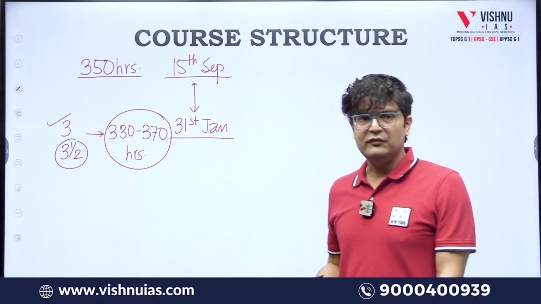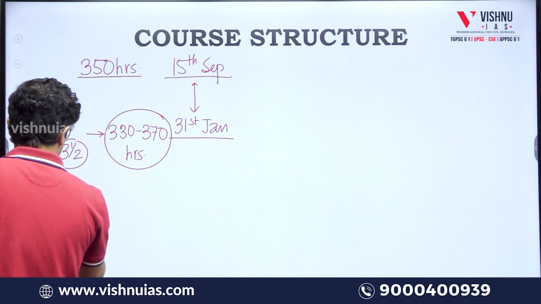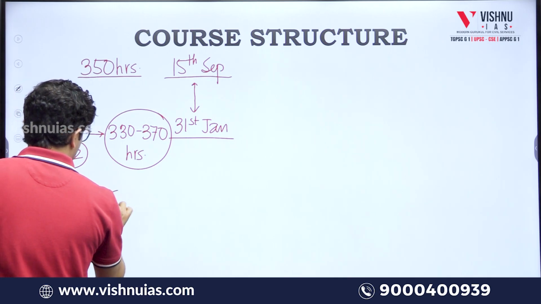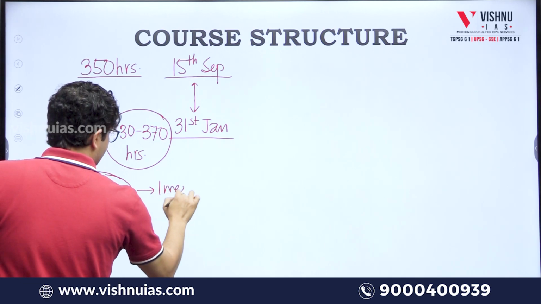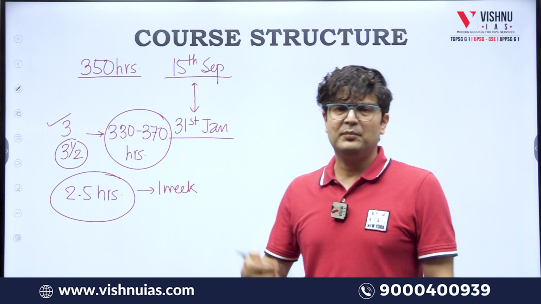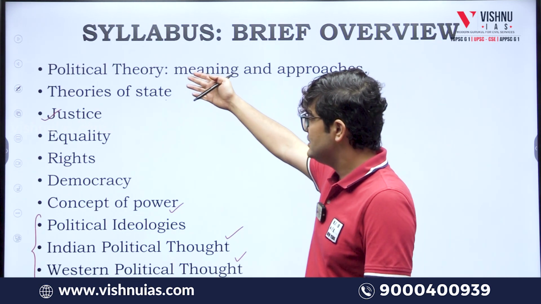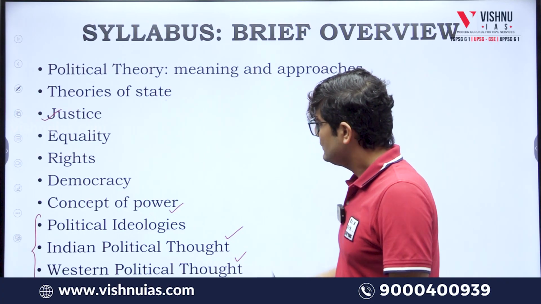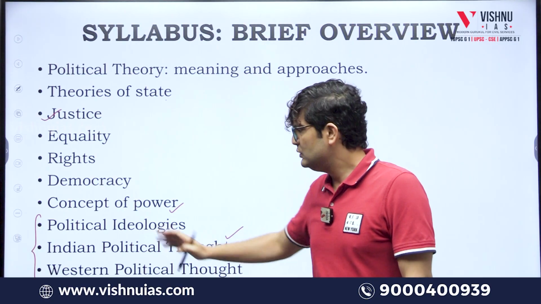So in our first week when we start, we'll have just 2.5 hours of classes, not to make you suffer. This would be the very first week where we'll discuss the topics of political ideologies largely, political theory largely, and these topics will take slightly longer, around 50 hours roughly.